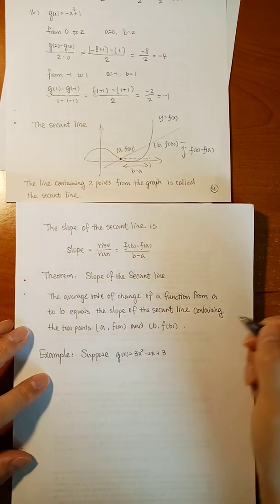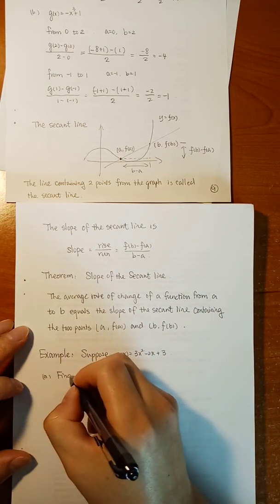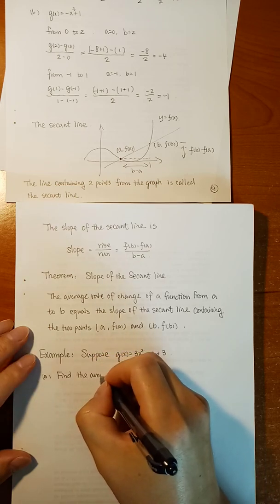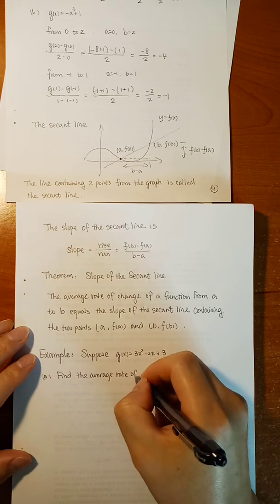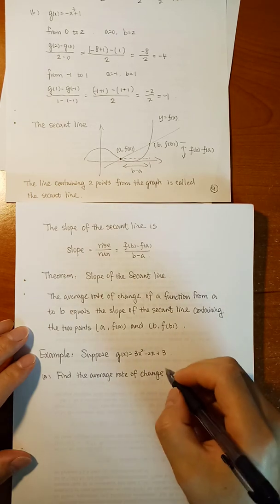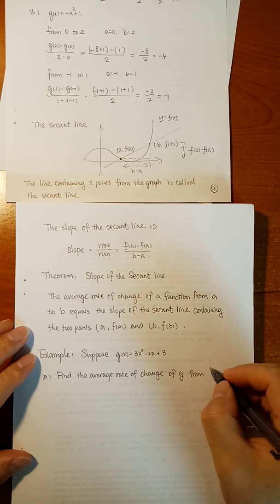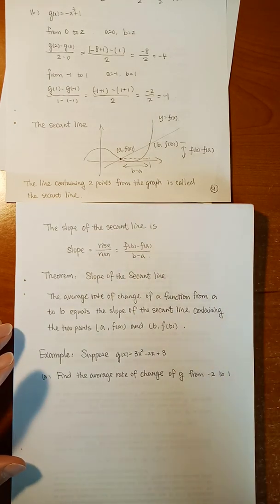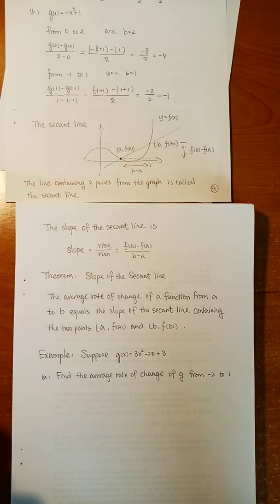And first, find the average rate of change of g from -2 to 1.